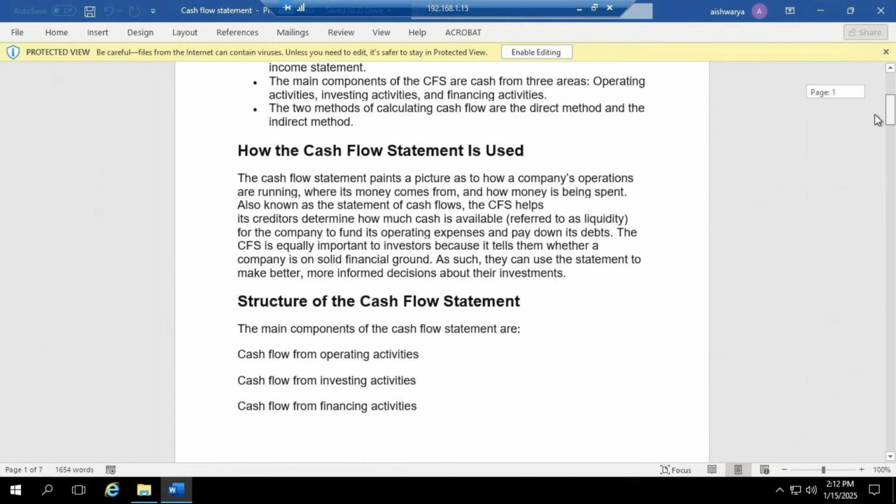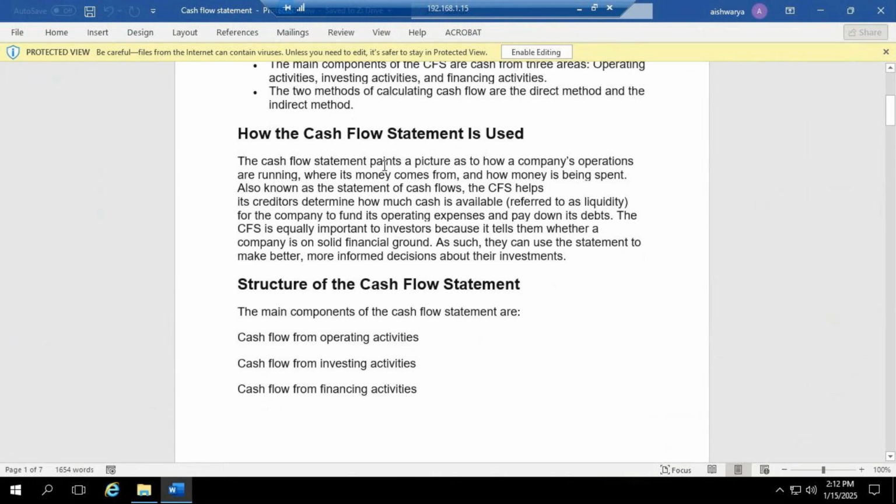How is the cash flow statement used? It paints a picture of how a company's operations are running, where its money comes from, and how money is being spent. It is also known as the statement of cash flows. It helps creditors determine how much cash is available for the company to fund its operating expenses and pay down its debts.